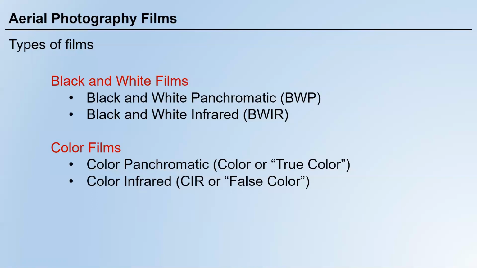So there are also false color images. For example, color infrared films can be used to produce false color images, which means that red in that image is not the red you see in the real world. For example, in the real world, when you're looking at a lawn, it is green because it's grass, right? But vegetation has pretty strong ability to reflect near infrared energy. And we usually use red to address the reflectance of near infrared energy.